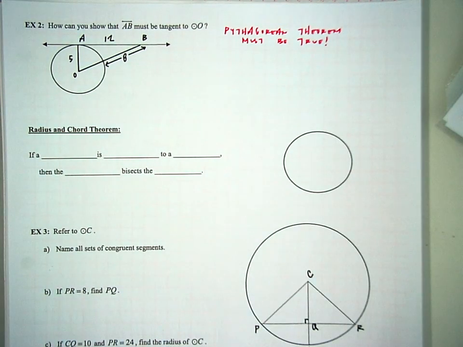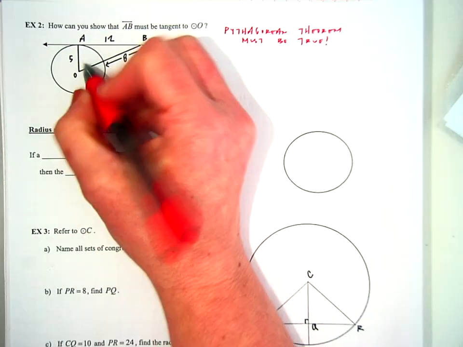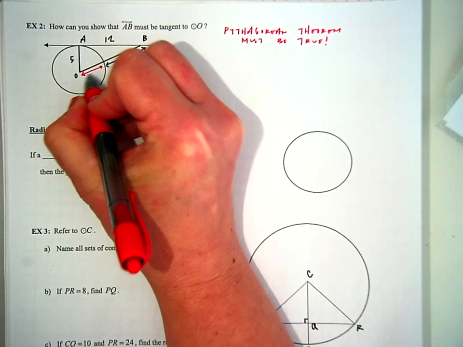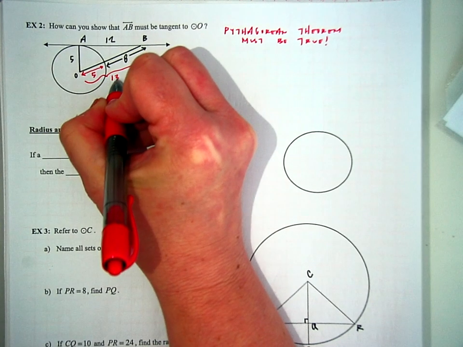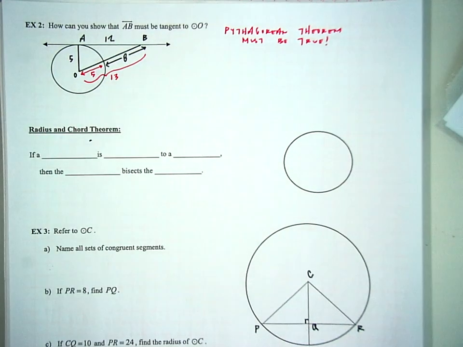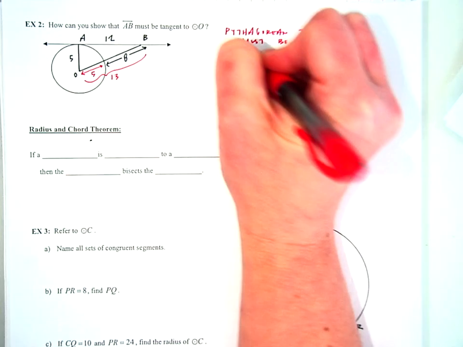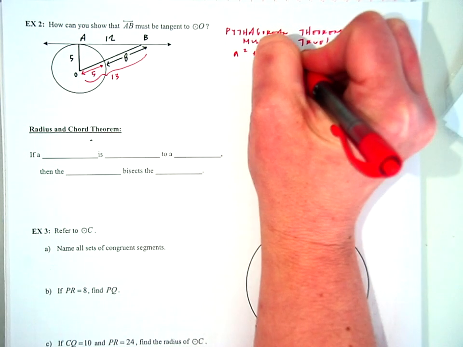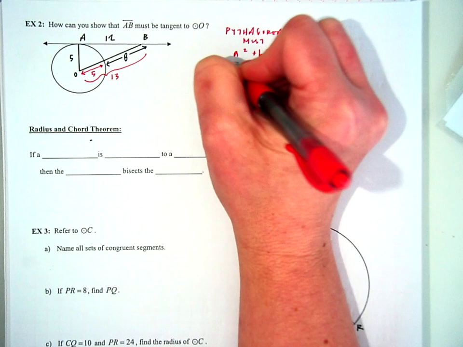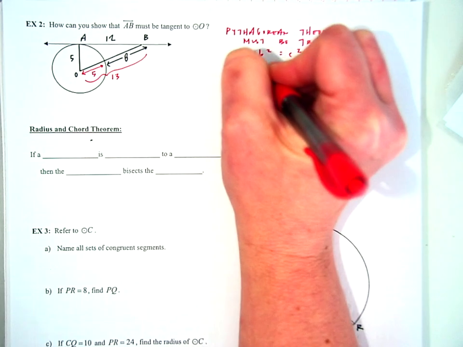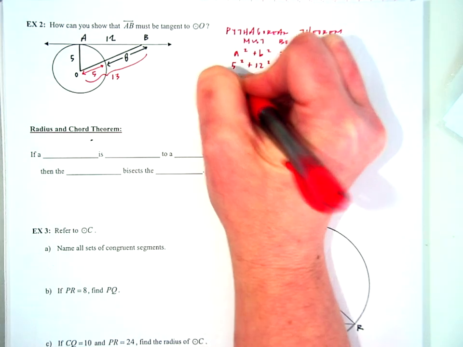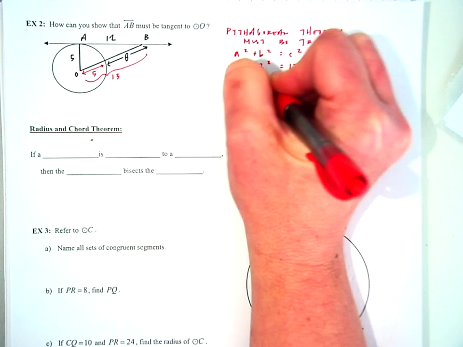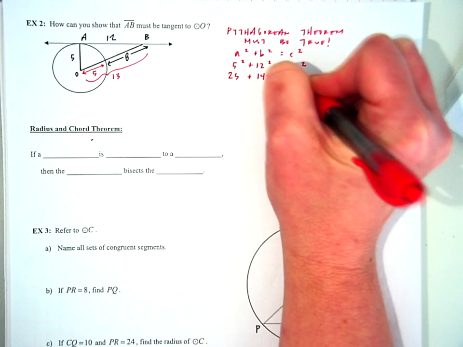Okay, so looking at my picture, I can see that if O is my center, this has to be a radius as well. It would have to be 5 units. So this whole portion here would be 13 units. So Pythagorean theorem again, a squared plus b squared equals c squared. So I'm trying to show that that's a true statement. So is 5 squared plus 12 squared equal to 13 squared? So is 25 plus 144 equal to 169?